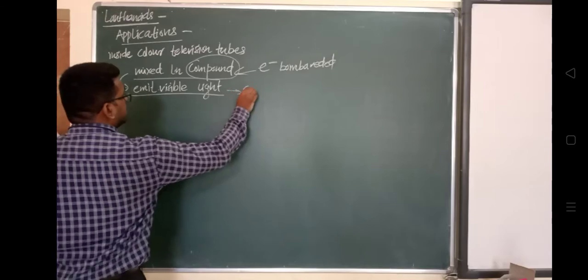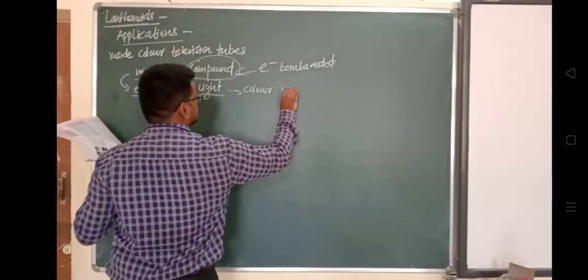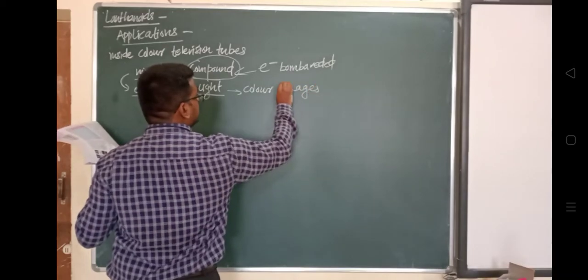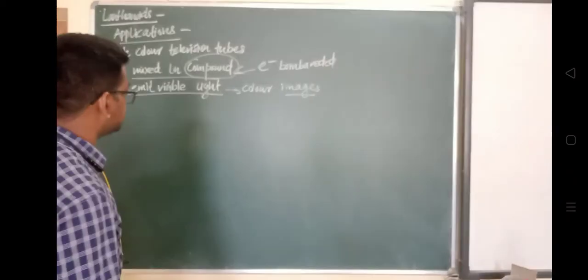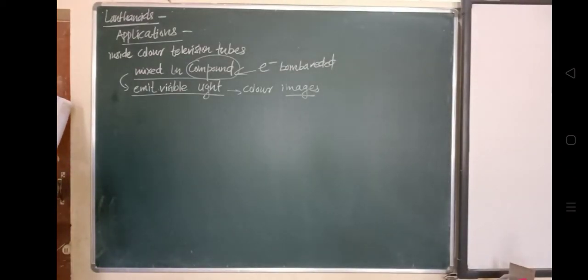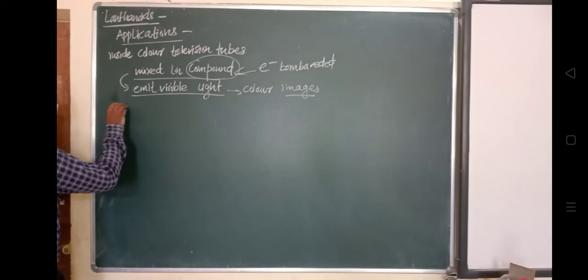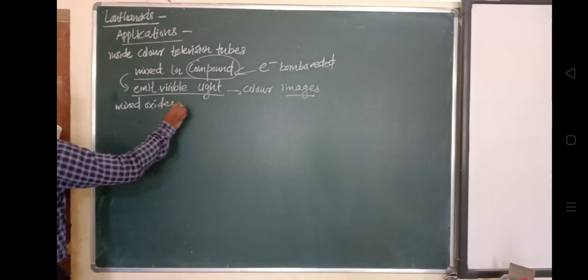That makes the color image, and that's why we are seeing the color images. Because of these three main colors we can produce different colors, so the color images are shown. For example, a mixed oxide of europium and yttrium, Y2O3.